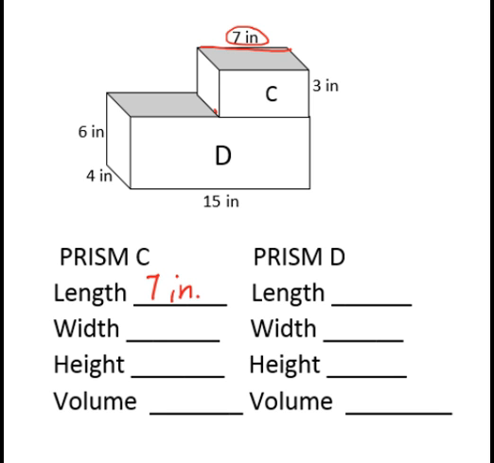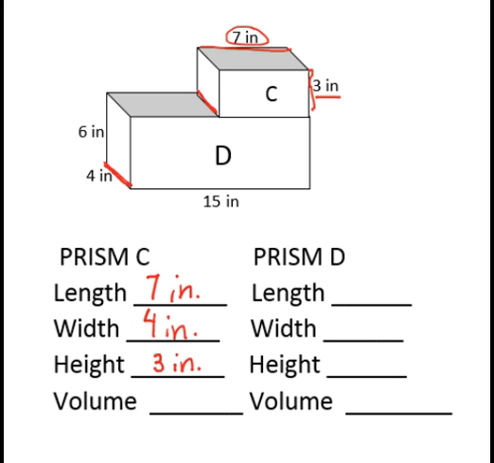The width is how far back the prism goes, and it would be the same as the width of prism D. So this distance and this distance is the same because prism C sits exactly on top of prism D, so they have the same width, and that's 4 inches. And 3 inches over here will show us how high that prism is. So the height is 3 inches.